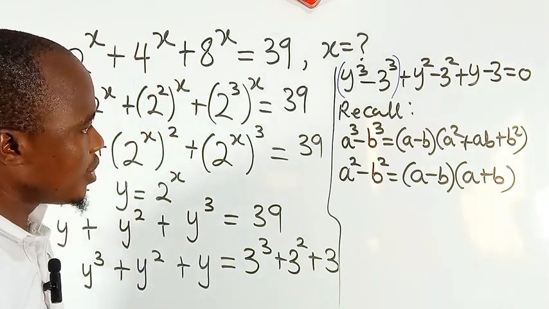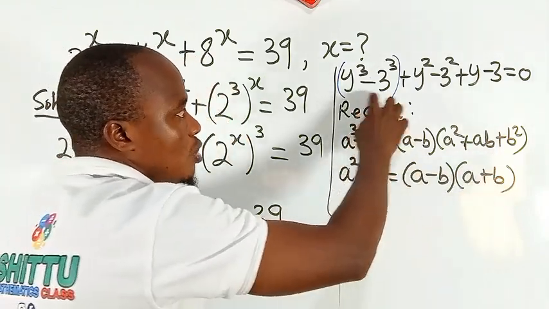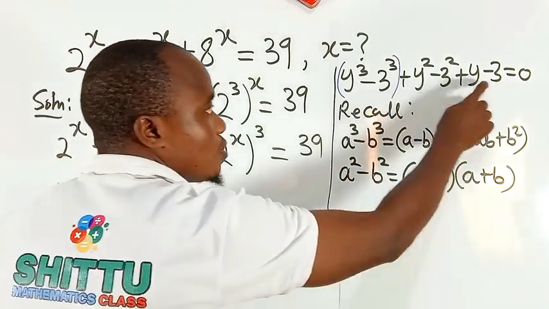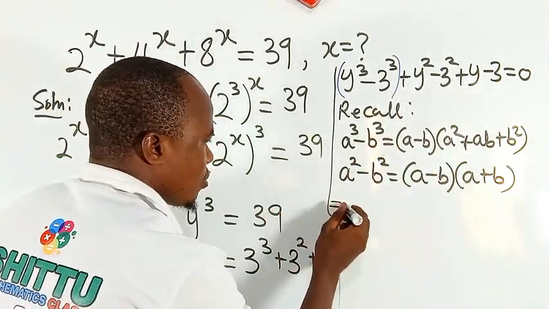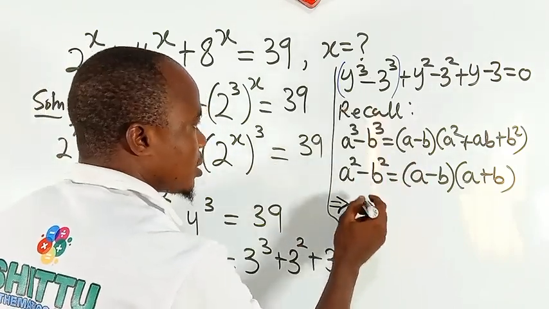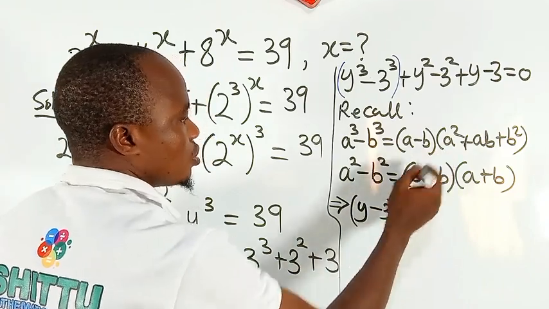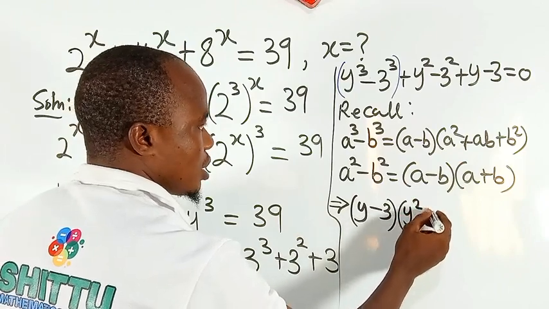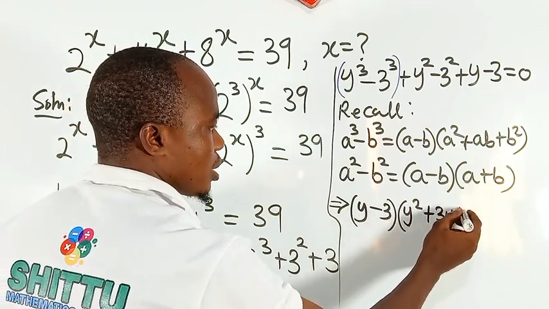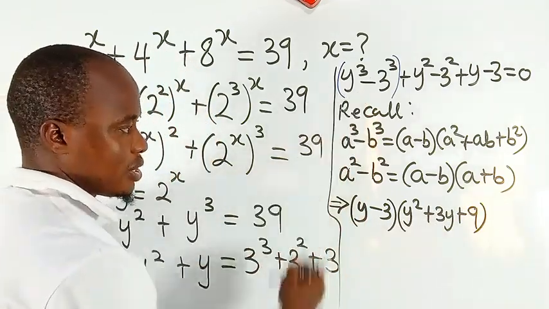Now, another thing we are going to do, we now see these two, we are going to use this and apply it in this equation up here. So we are going to have what? This is now going to be y minus 3 into y squared plus 3y, then plus 9. That is the first one here inside the bracket.